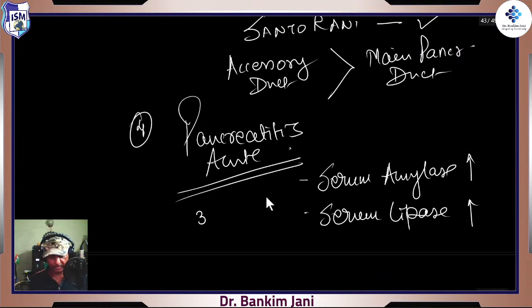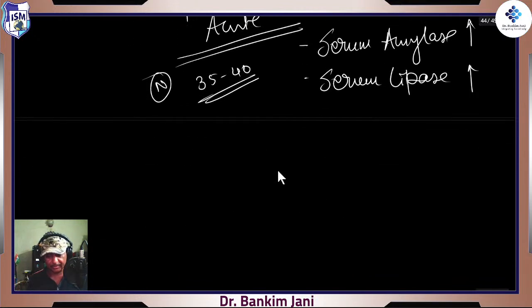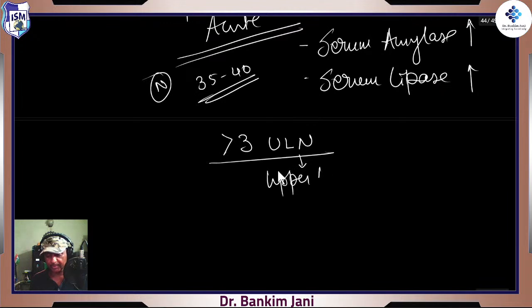Normal value is about, say, 35 to 40. You say they are elevated when it is more than 3 times the upper limit of normal. ULN is the word used; it is upper limit of normal.